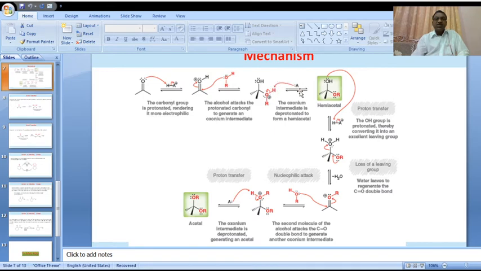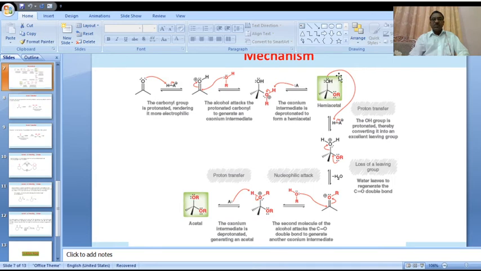The OH bond cleaves, and the positively charged oxygen gets neutralized, converting to the hemiacetal.